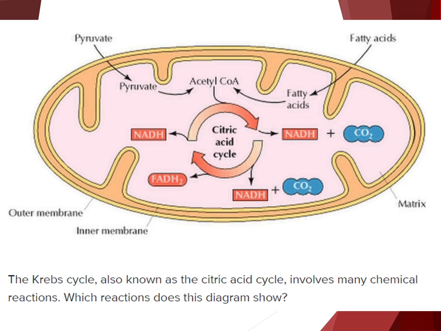Remember that there are 2 pyruvate and thus 2 acetyl coenzyme A molecules resulting from a single glucose molecule. This means that for each glucose molecule, 2 full turns of the Krebs cycle occur. Therefore, the energy-containing products from the Krebs cycle are 6 NADH, 2 ATP, and 2 FADH2.